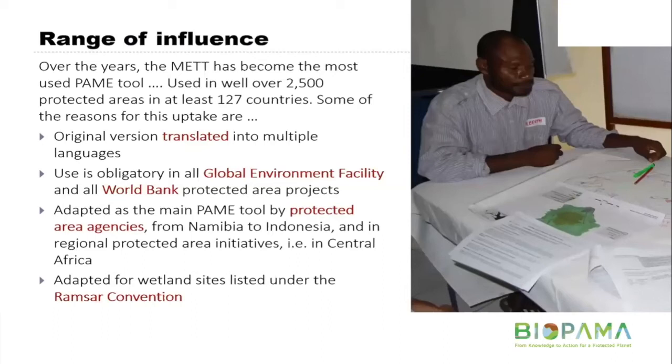It's required by the GEF and World Bank, and also adapted as the main protected area management effectiveness tool by protected area agencies in Namibia, Indonesia, and somewhat Central Africa, and is also being adapted for the Ramsar Convention sites. So it's very popular, very well known, and the use and access to the tool has been facilitated by the GEF and the World Bank.